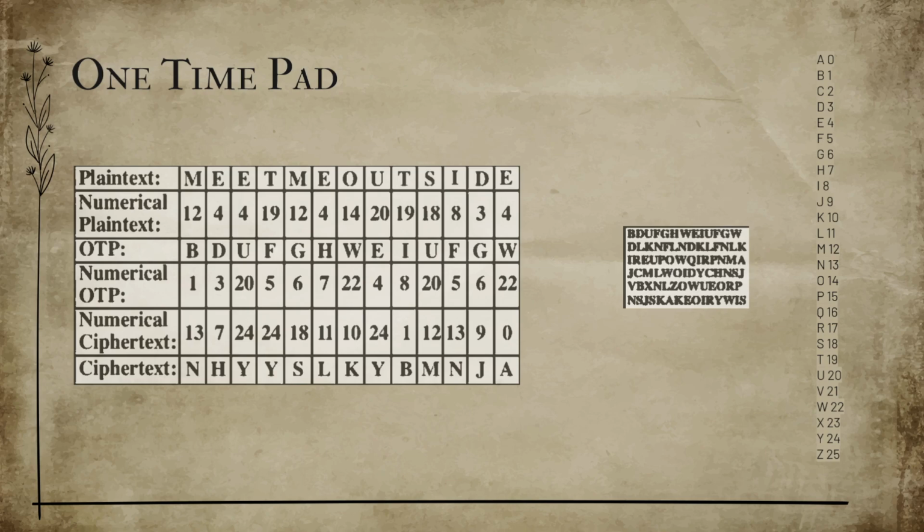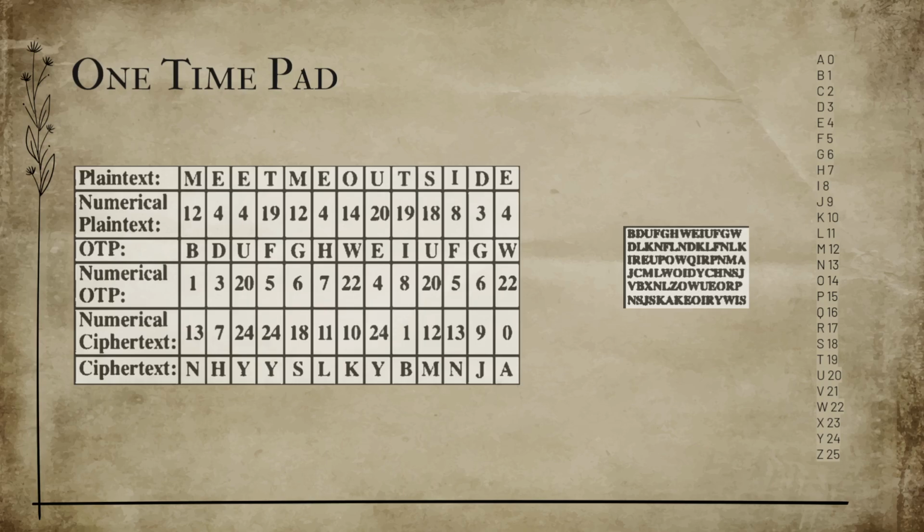Total 3 plus 4, 7. So its ciphertext part will be H. So in the same way, we can encrypt the rest of the letters.